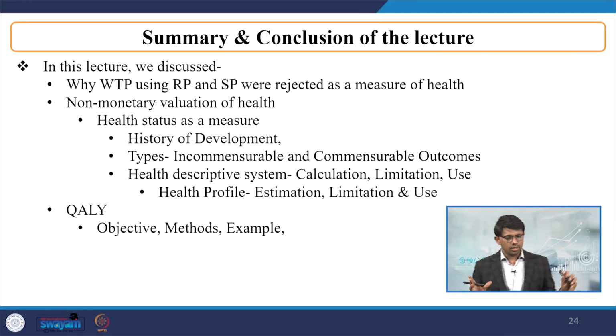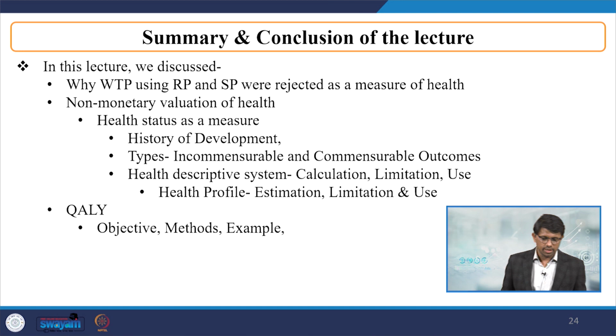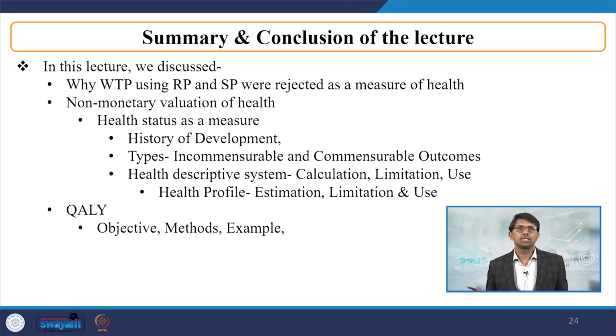So, that is all for the lecture. Let me summarize it in short. In this lecture, we covered why willingness to pay using revealed preference and stated preference were rejected as a measure of health.